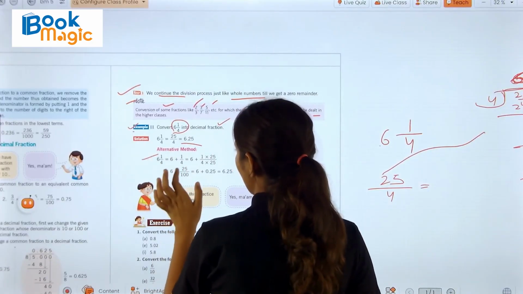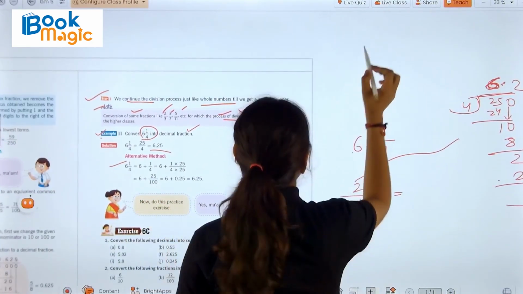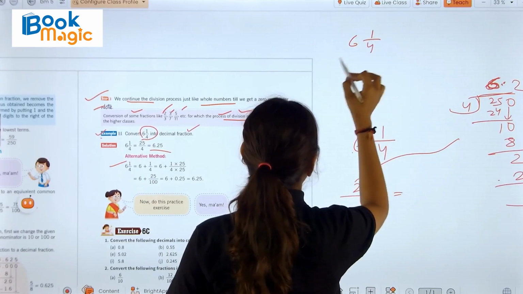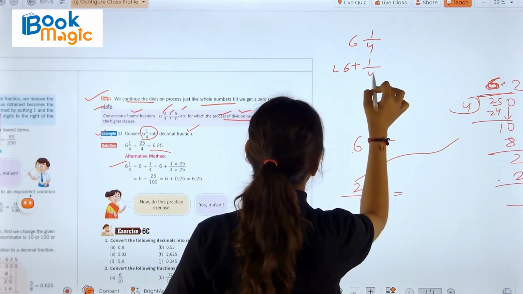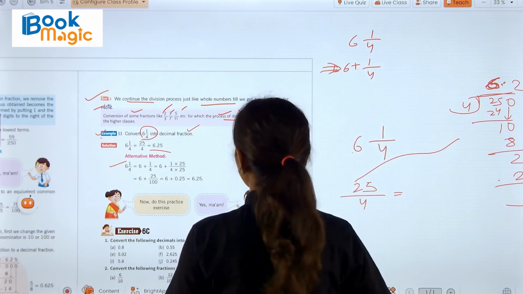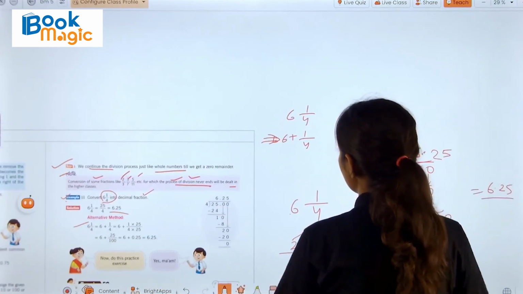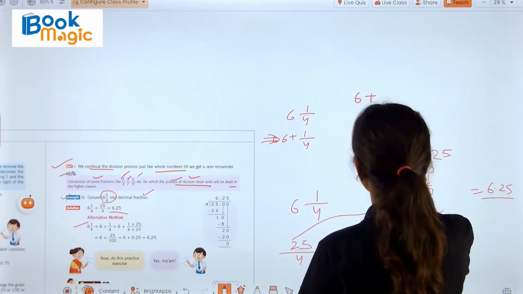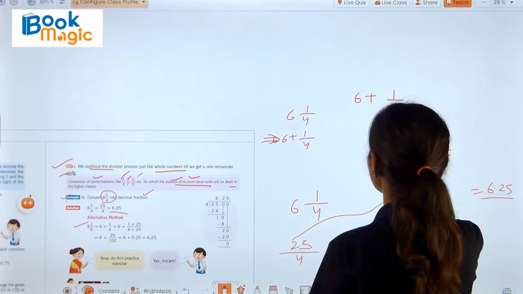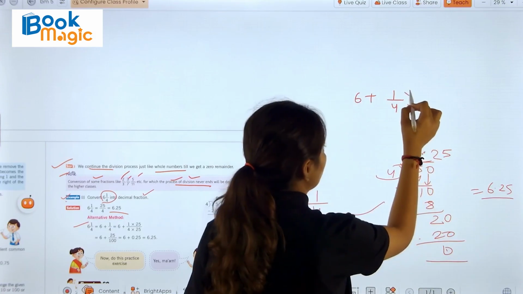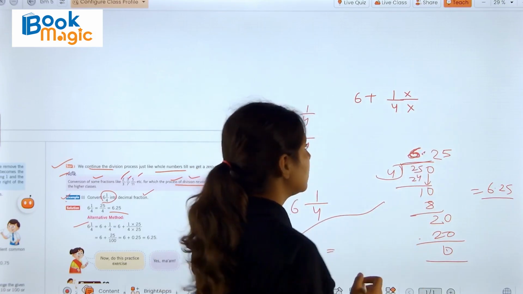Again, the second method: 6 1 by 4 means 6 plus 1 by 4. Now what can we do here? We can write 1 by 4 with a denominator that is a multiple of 10. 5 4s are 20.